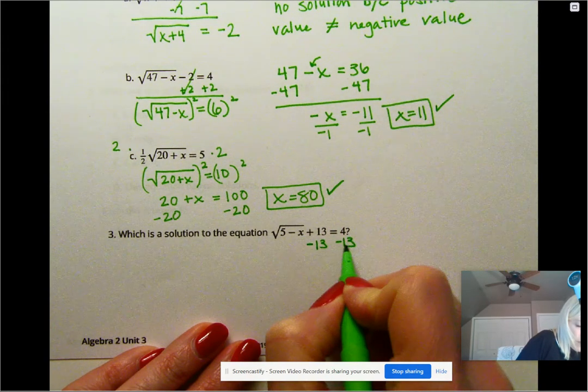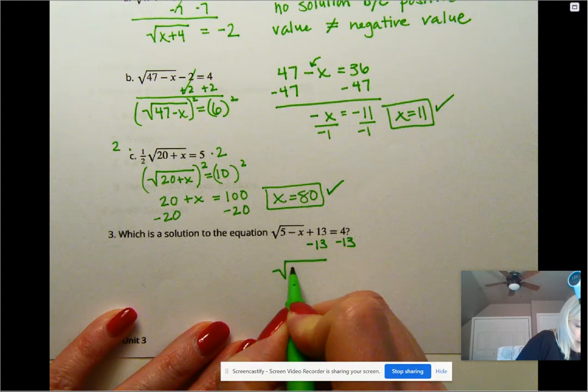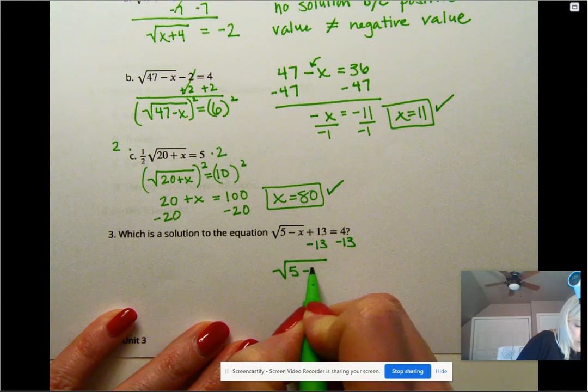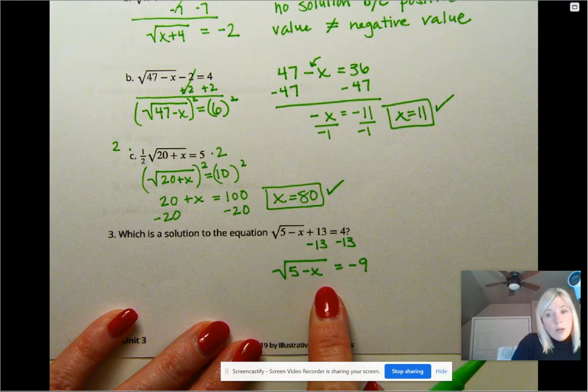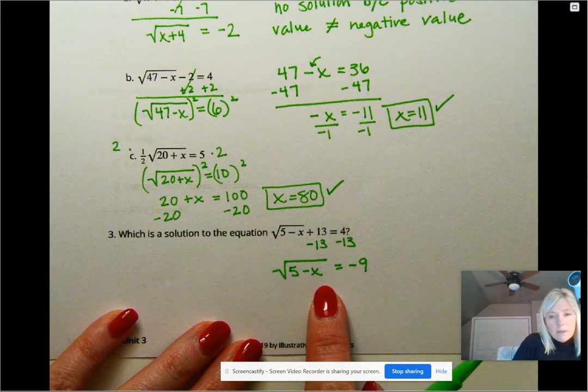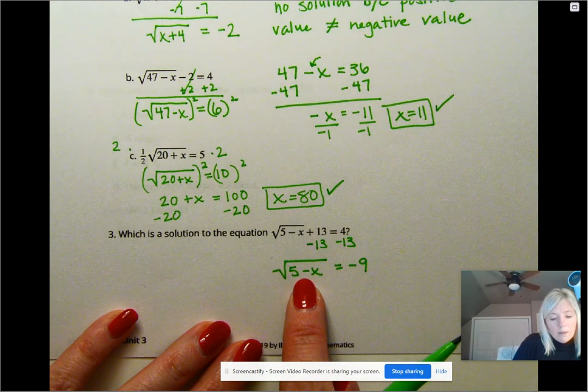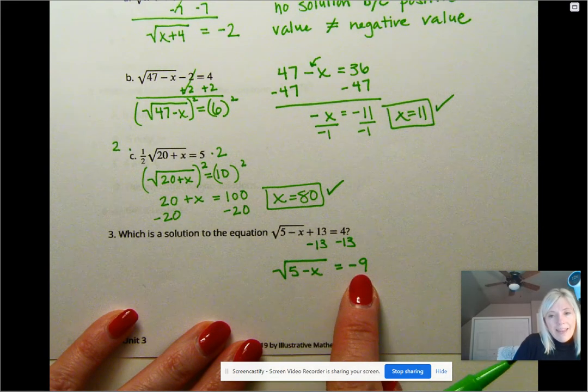I get the square root of 5 minus x is equal to -9. So I'm going to stop right there and say there's not a solution because this is positive, this is negative. They cannot, will not, do not equal each other ever.